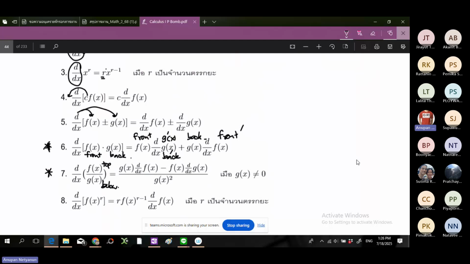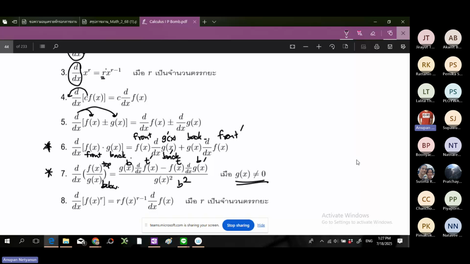So you're going to have below, take the derivative of the top, and then switch to minus top, take the derivative of below, and take the below function squared. And this condition is for sure: when you have division, you don't want your denominator to become 0. Otherwise, it's undefined.